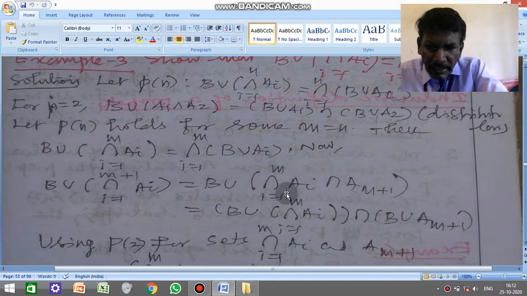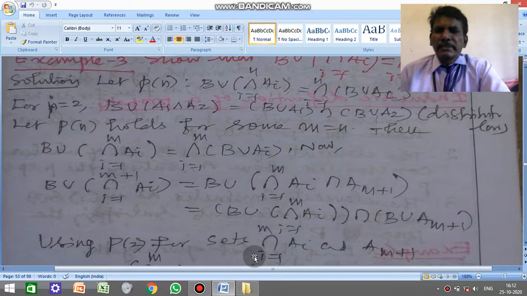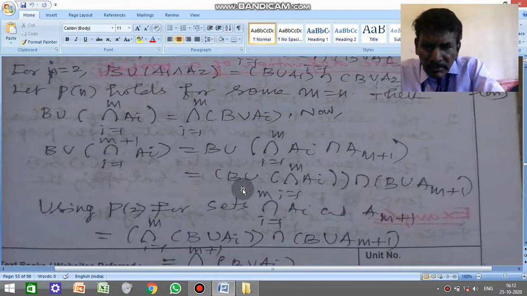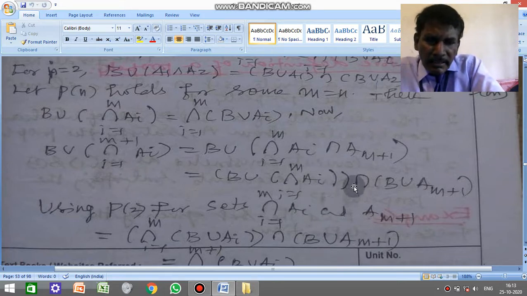From this step we get this step by using the distributive law. So this B union comes out, intersection i tends to 1 to m Ai, then intersection, and this and this, B union A m plus 1.